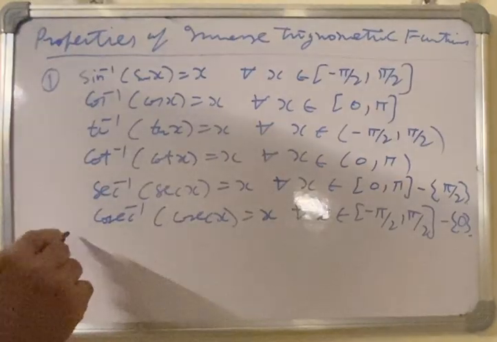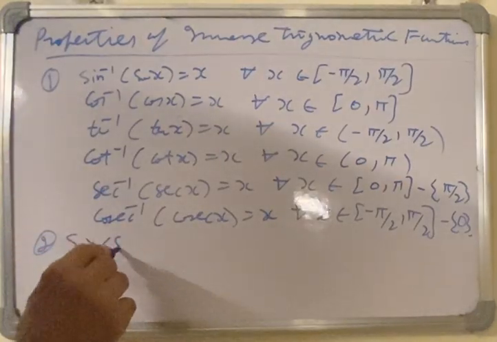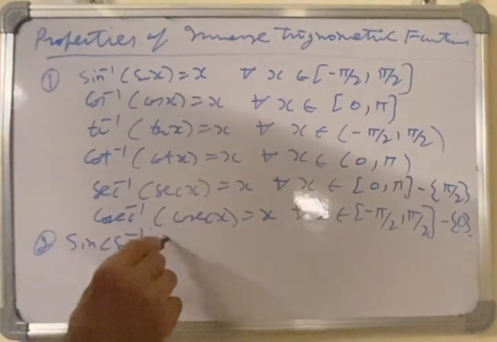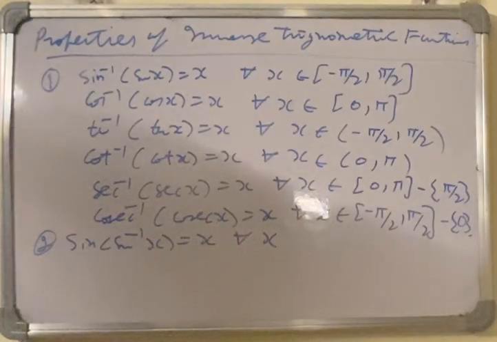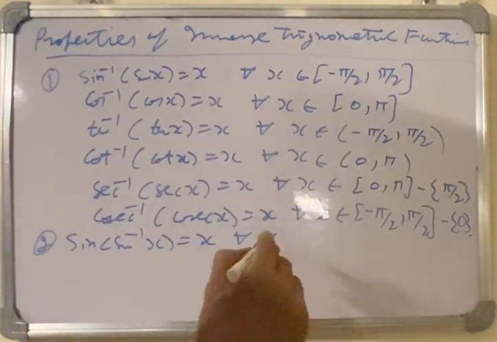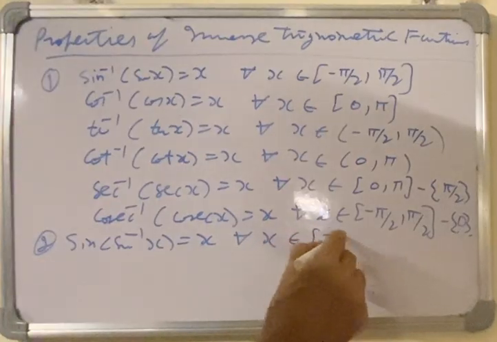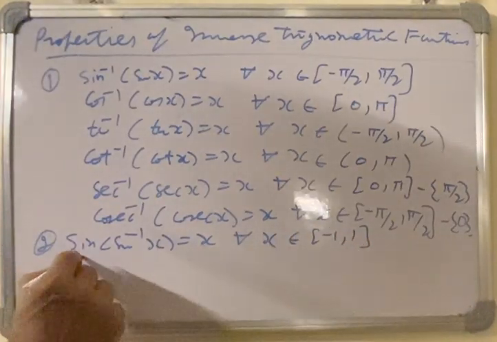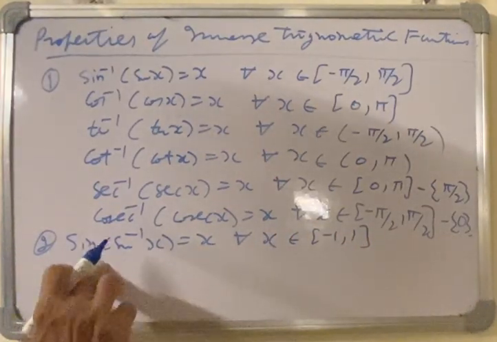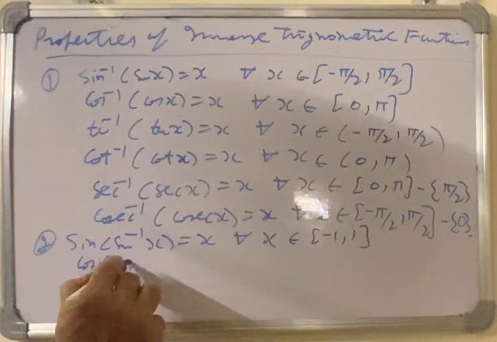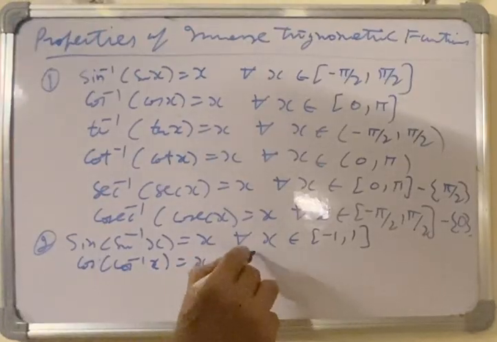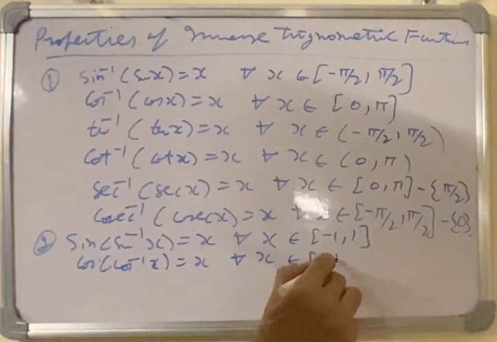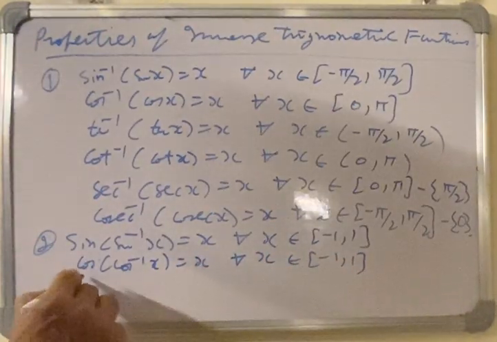Second property. Sine of sine inverse x is x for all x belonging to the closed interval minus 1 to 1. Cos of cos inverse x is equal to x for all x belonging to the closed interval minus 1 to 1.